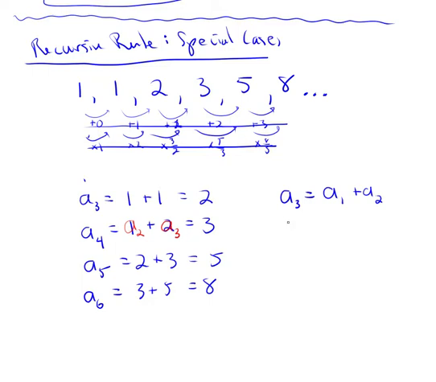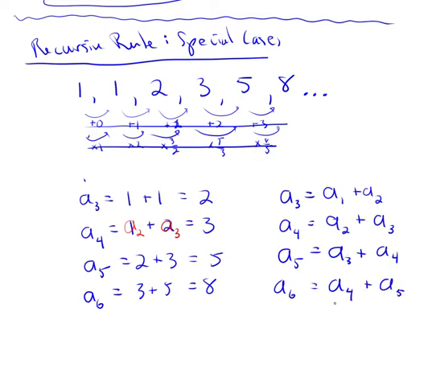The fourth term would be a sub 2 and a sub 3. The fifth term was a sub 3, the third term, plus the fourth term. And we can go on to a sub 6, which is the fourth term and the one previous. So it's the second previous one and then the previous one.